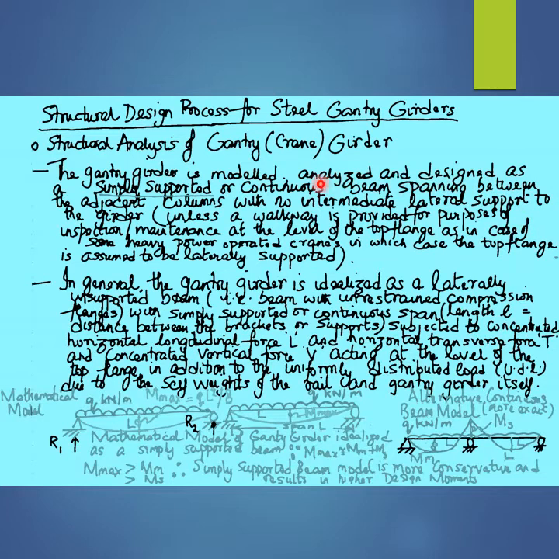However, with the exception of this special case wherein a walkway is provided at the level of the top flange of the steel gantry or the steel crane girder that provides effective lateral support or lateral restraint to the top flange of the steel gantry or steel crane girder.